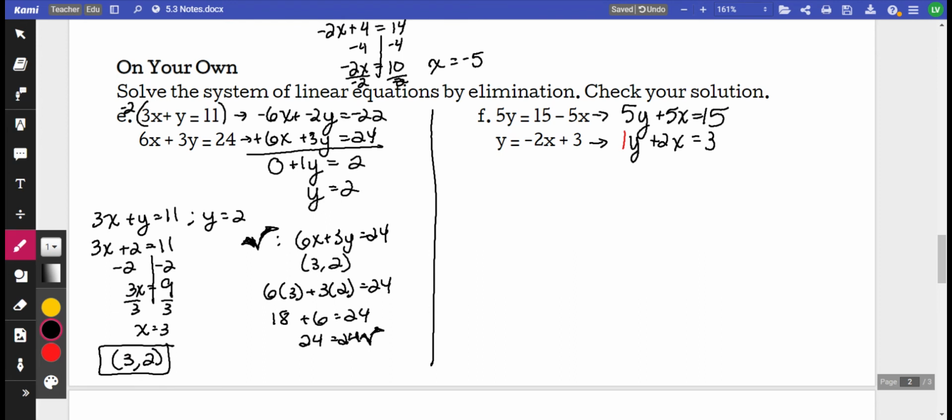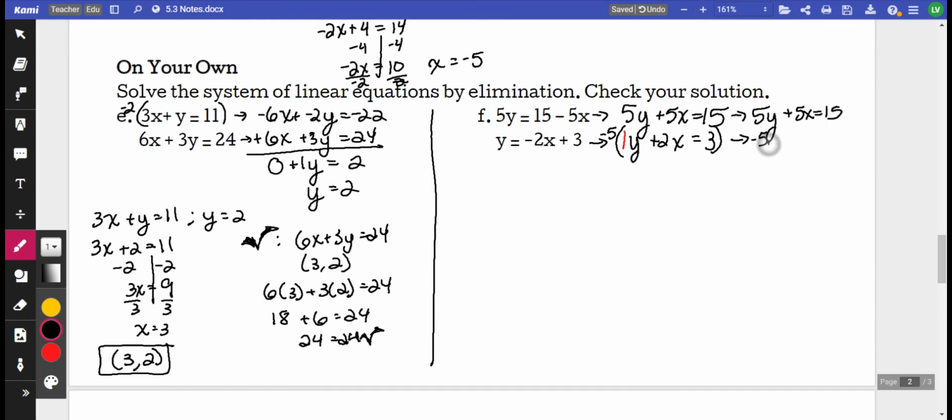Okay, you can either make the x's the same or you make the y's. I personally am going to make the y's because between 5 and 1, the smallest number that they both go into is a 5. So I'm going to multiply the second equation by negative 5. So the first equation still stays 5y plus 5x equals 15.